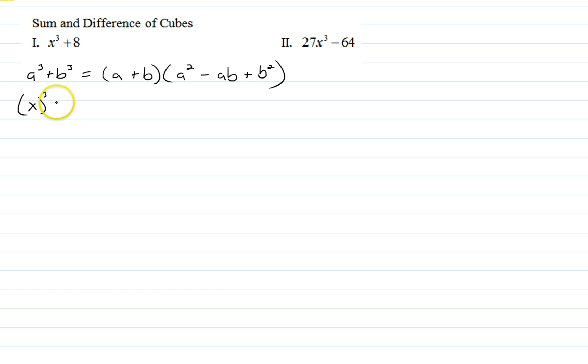What cubed gives us 8? So that means wherever there's an a, I'm going to write an x. So an x is going to go here, here, and here.